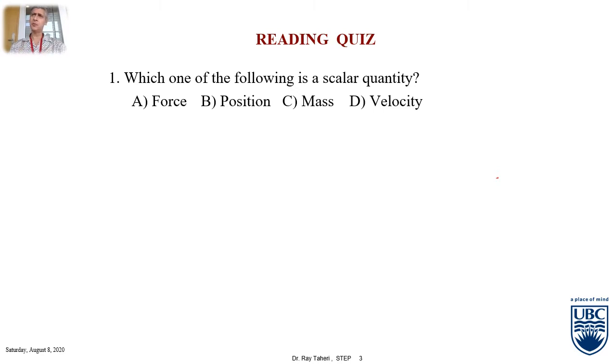If I tell you I was driving 80 kilometers an hour, that is the speed. That is a scalar. Or temperature, 37.5 degrees Celsius, or my mass is 77 kilograms. So all of these are scalars. There is no need for a more qualifier to fully define these quantities.